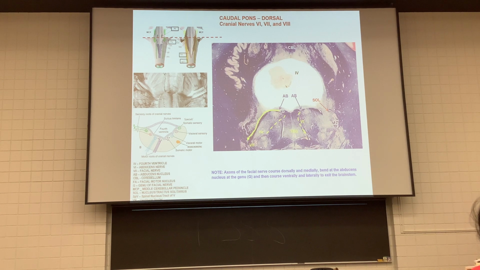Now we're coming over here lateral. I see a nucleus, and I see a bundle of axons sitting just lateral to it. Did we see something like that in the medulla? And what did we call that? What nucleus might it be?